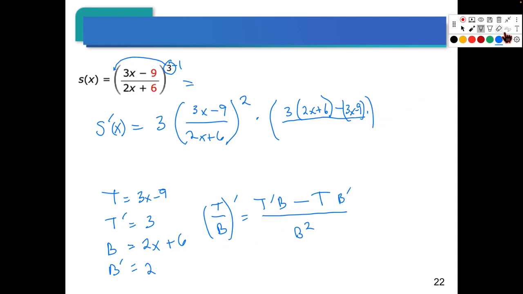Squeeze it in. Let me give myself a little more room. And again, you could put the 2 in front of the 3x minus 9, and then the bottom squared, 2x plus 6.